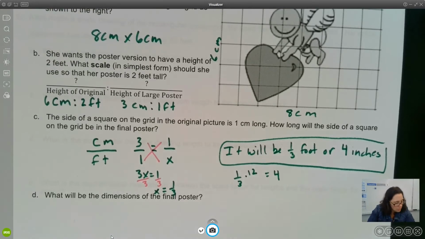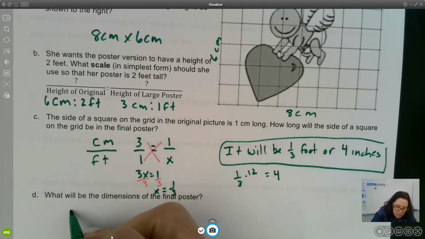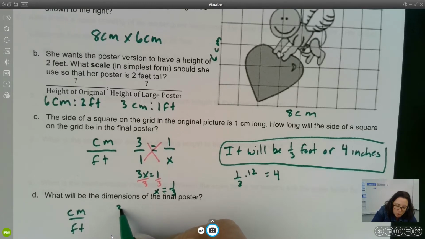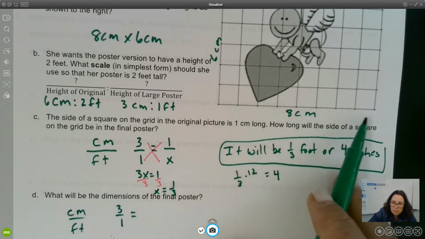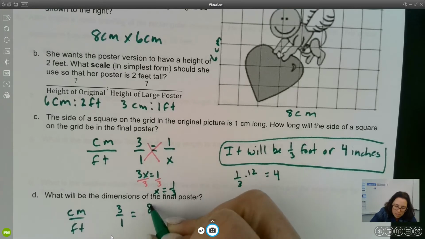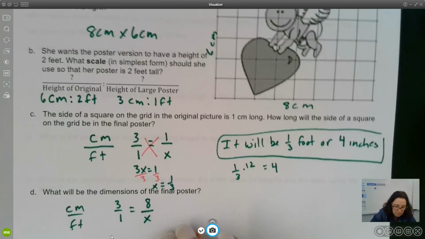All right, so we're going to take this 8. Okay, so here we go. We've got centimeters over feet. We've got this relationship 3/1. Okay, and then we've got this 8 centimeters that we need to convert into how many feet?